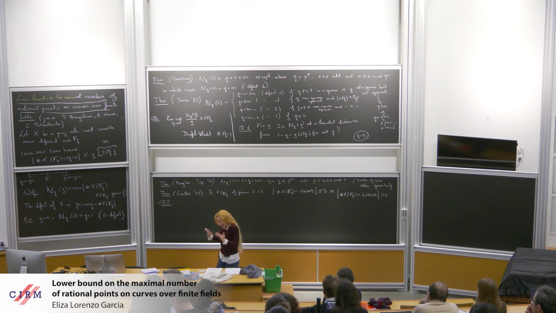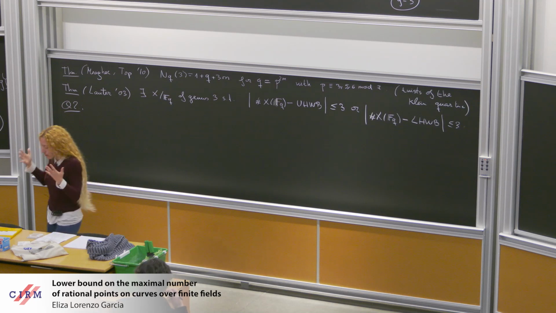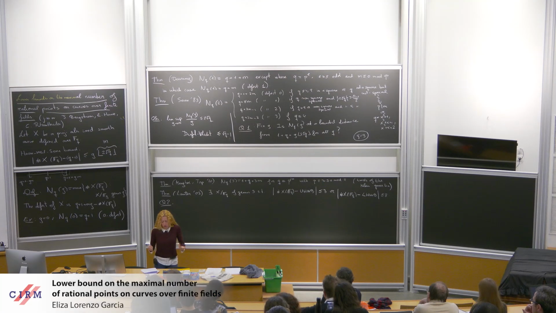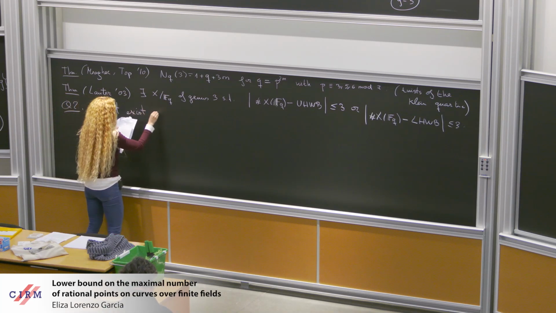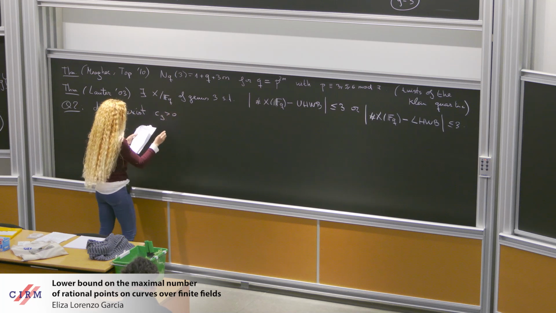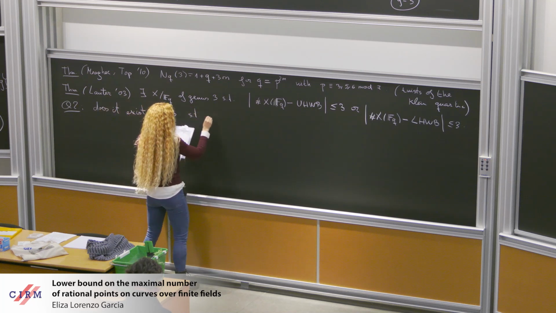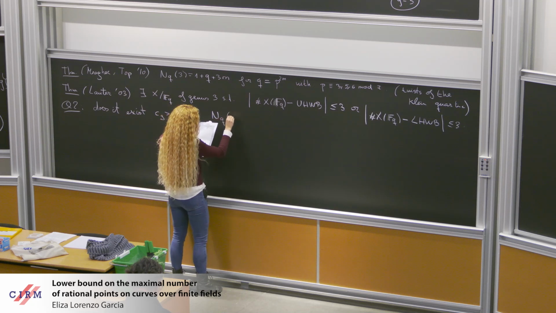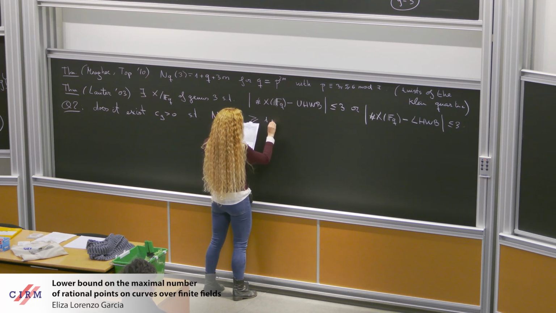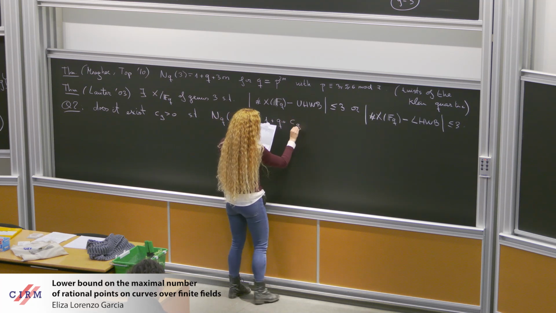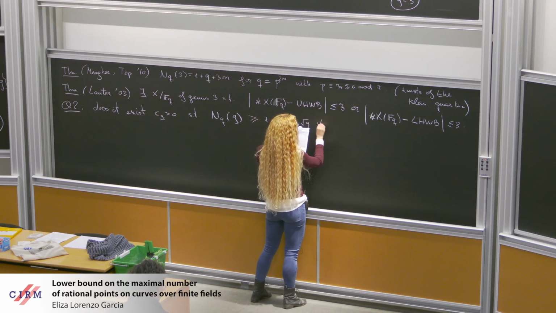But he asked another question, which was easier or weaker than question 1, but maybe also easier to tackle. And this question 2 is the following. Does there exist a constant that depends on the genus such that the maximal number of points of a genus g curve over F_q is greater or equal than 1 plus q plus this constant times the square root of q, for q big enough?